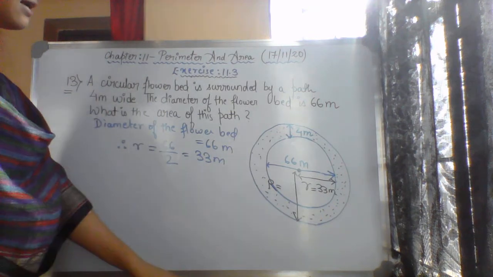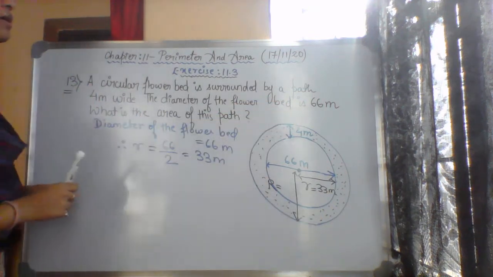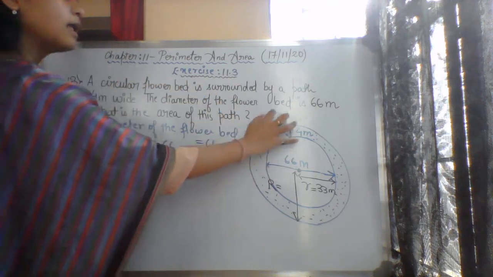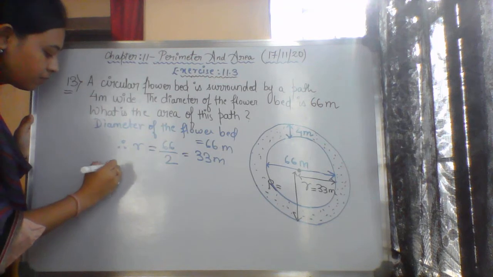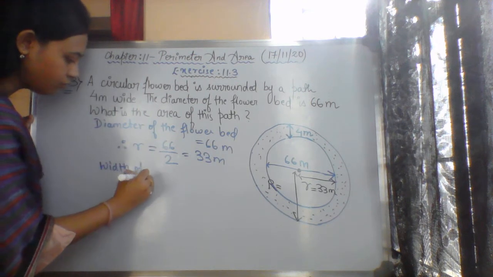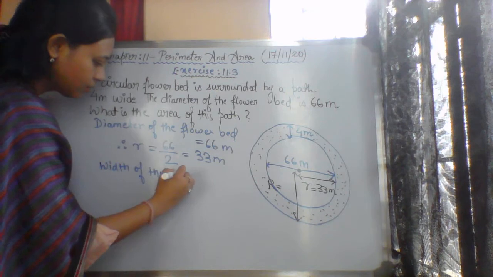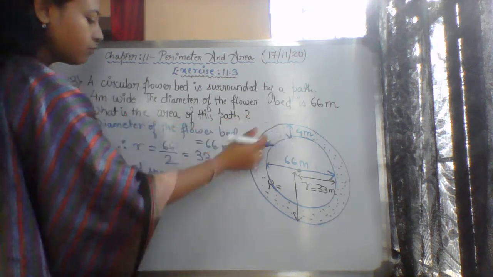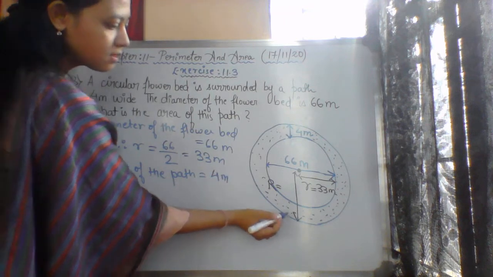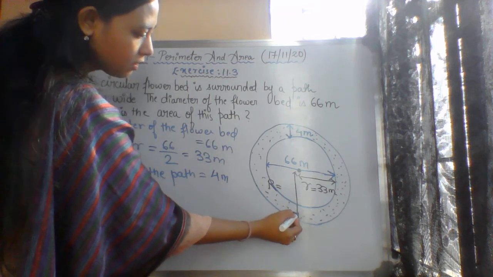Now what is the radius of the bigger circle, the flower bed along with the path? The width of the path is given. What is the width of the path? 4 meter. Means this part is 4 meter.